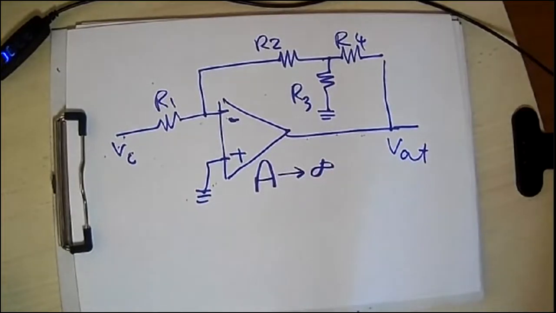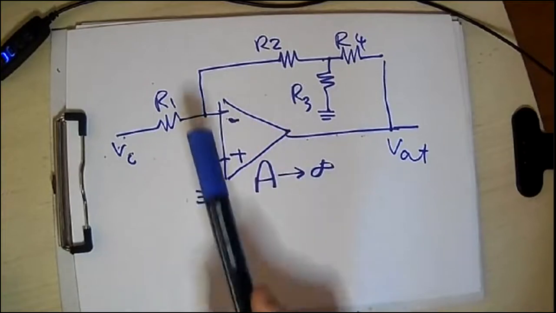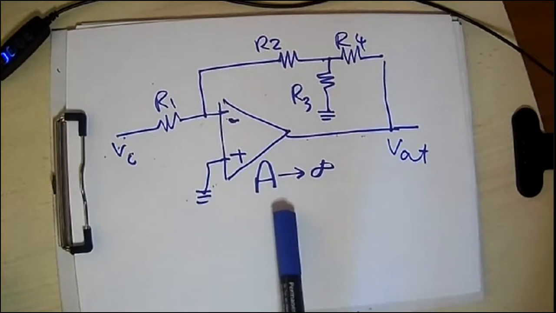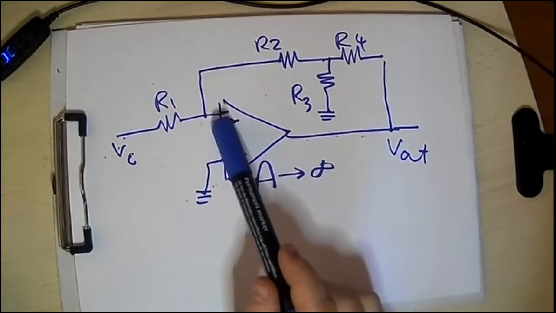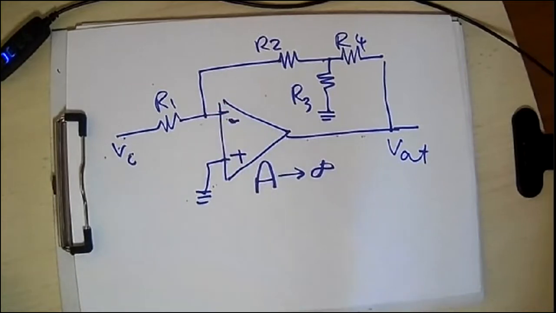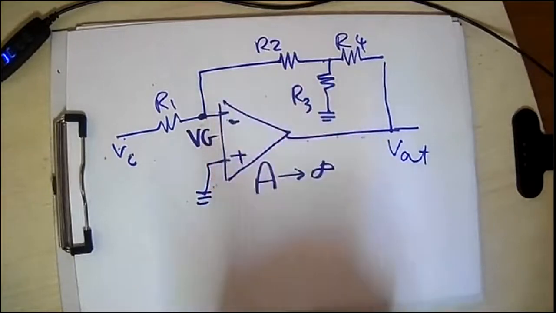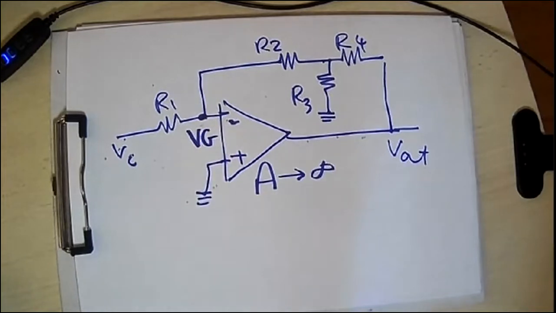So please remember, ideal amplifier means input impedance equals infinity, output impedance equals 0, no current flowing inside the operational amplifier, the open loop gain is equal to infinity, and the voltage at V2 is equal to the voltage at V1. Accordingly, in your answer booklet, I would appreciate it if you write that this point is a virtual ground, because V2 is connected to the ground.